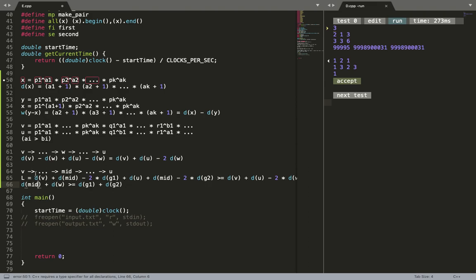So x is a divisor of v and u, so it is a divisor of their GCD, which is w. So this inequality is correct, and we have proven our claim. Whew.